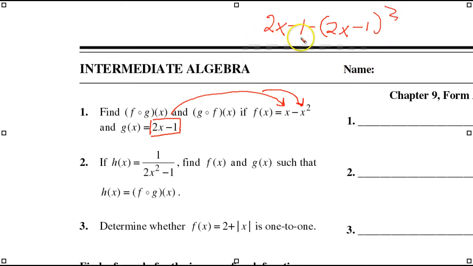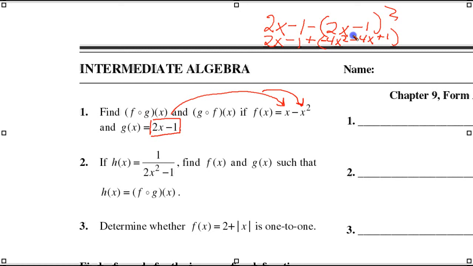So we then expand that, 2x minus 1 minus, square this is going to be 4x squared. Multiply these and double it, negative 4x, and square negative 1, which is a positive 1. Now it's minus out in front, so we have to change all these signs internally.